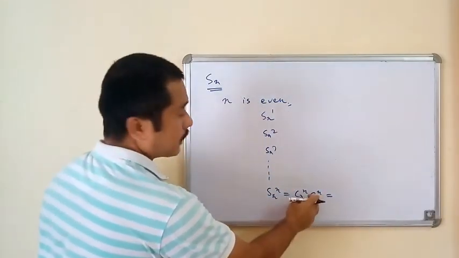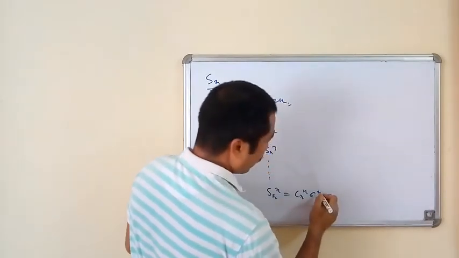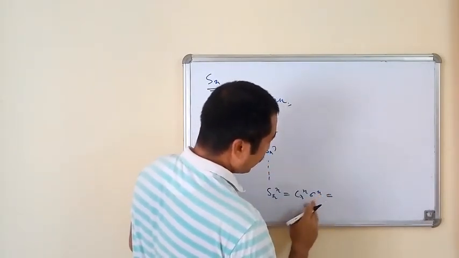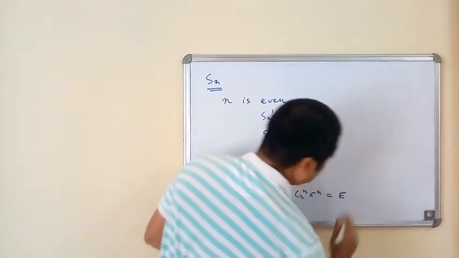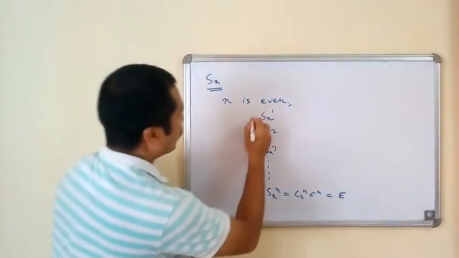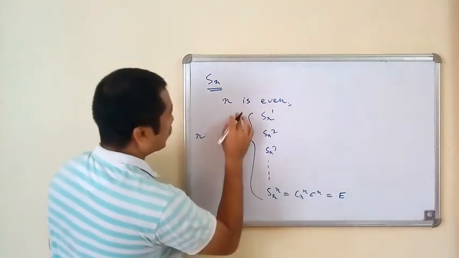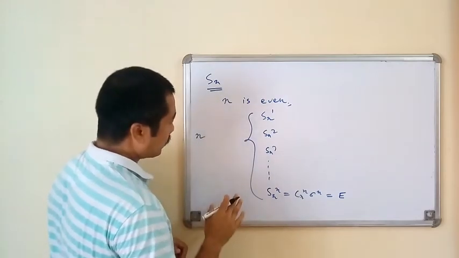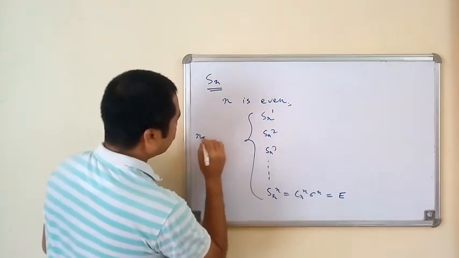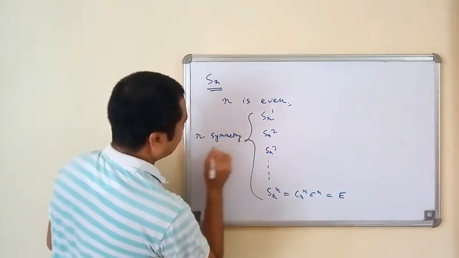And since n is an even number, sigma to the power n is going to be equal to identity. Cn^n is also going to be identity. So in total, n symmetry operations are generated by an improper axis of symmetry, and the order of the group is going to be equal to n in this case.